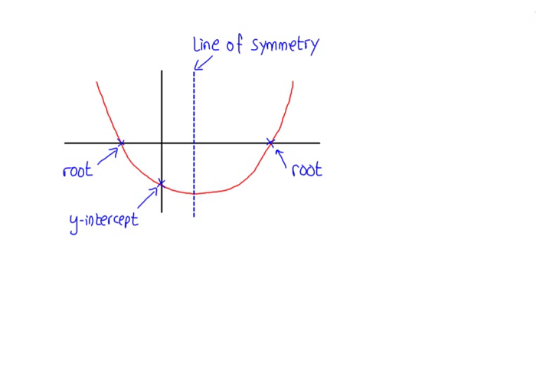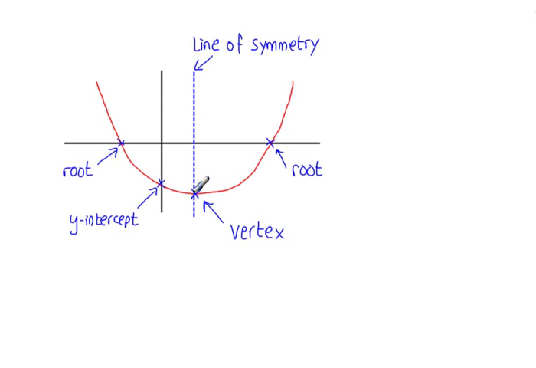And then you can also show the line of symmetry and the equation for that line. So for instance, if the x coordinate here was 2 right there, then the equation of this line is x equals 2, because the x coordinate for any point on this line here will be 2.